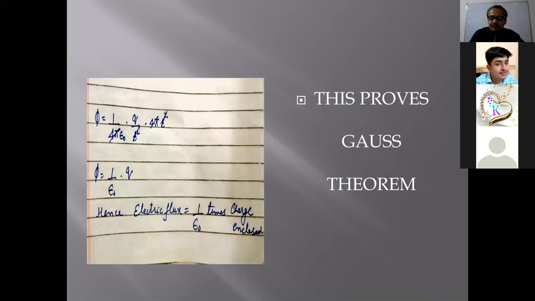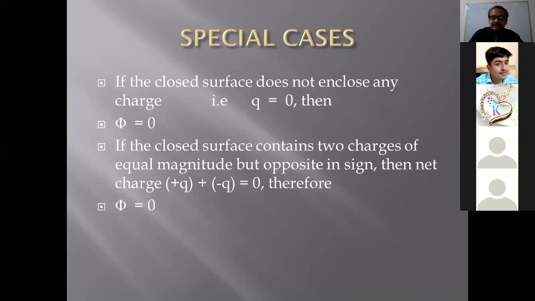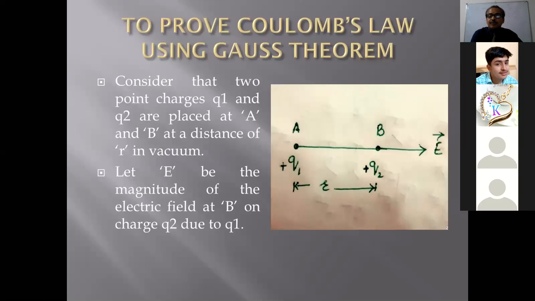So next is one of the very important articles which we are going to discuss and use again and again. That is to prove Coulomb's law using Gauss theorem. Everybody is clear with the concept of Coulomb's law. It talks about the force of attraction or repulsion between the two charges which are placed at a distance r apart.